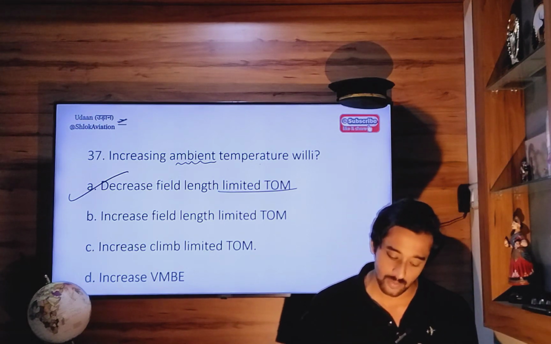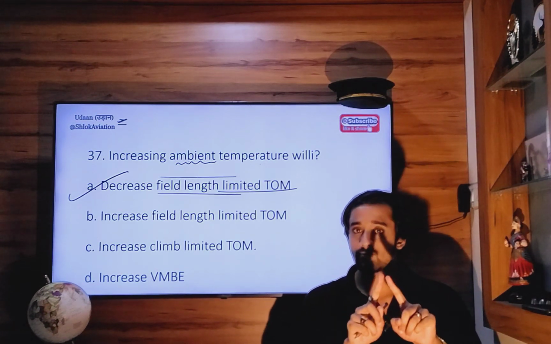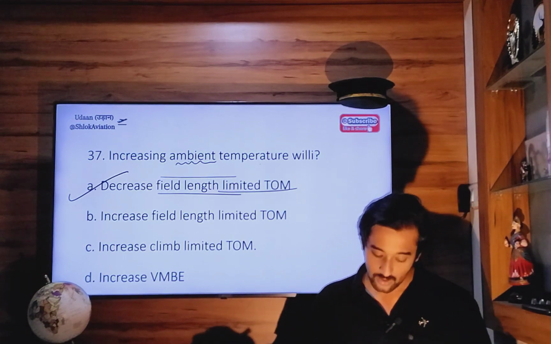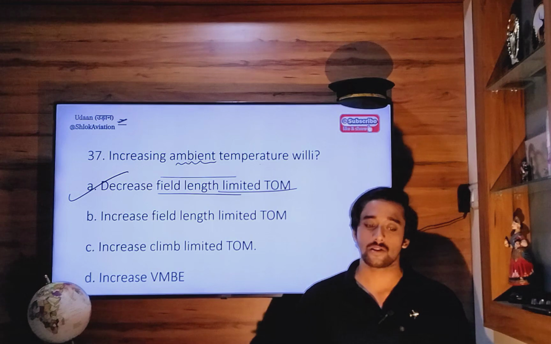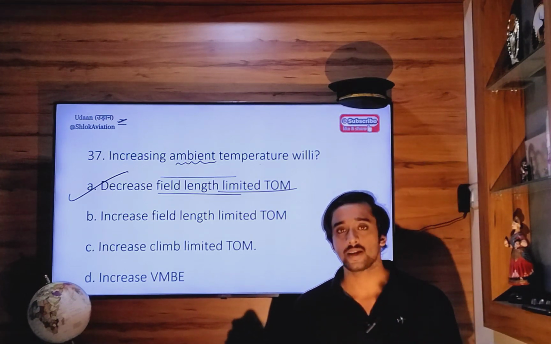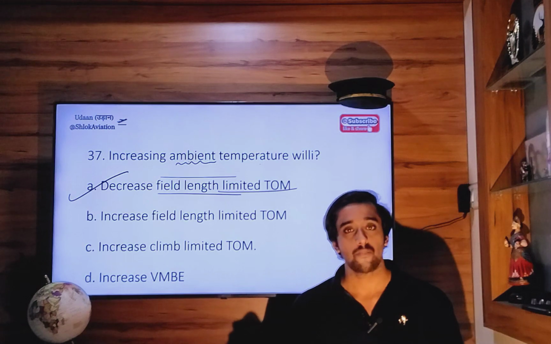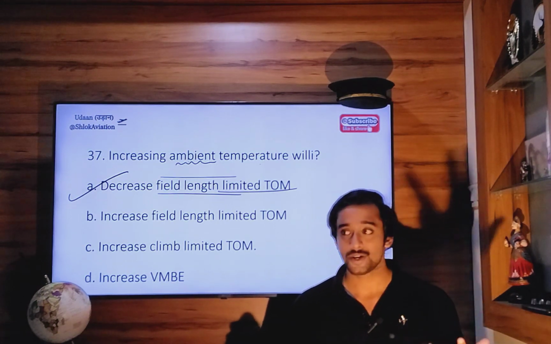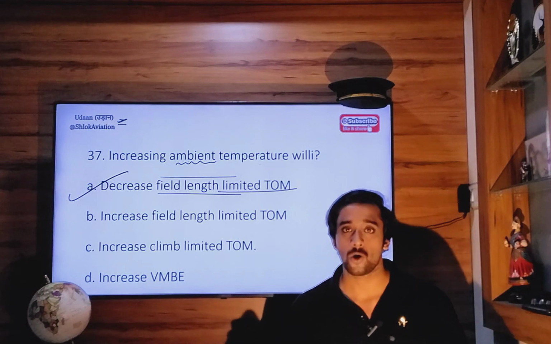What is field length limited takeoff mass? Now there is one fixed available runway distance available. Okay, a fixed runway on a very good, favorable day where the density of air is very high, temperatures are colder than ISA, high pressure conditions exist, dry runway, good takeoff conditions.